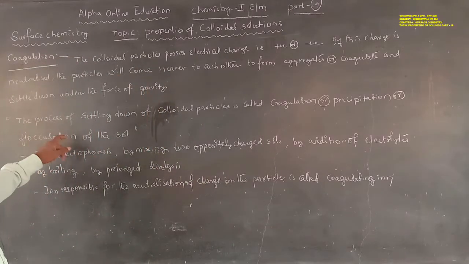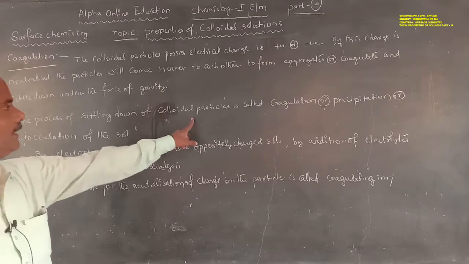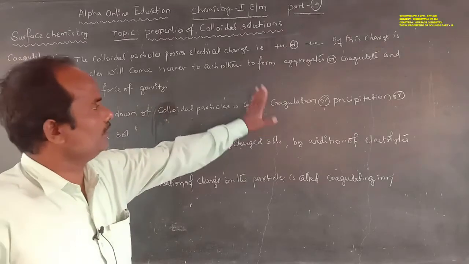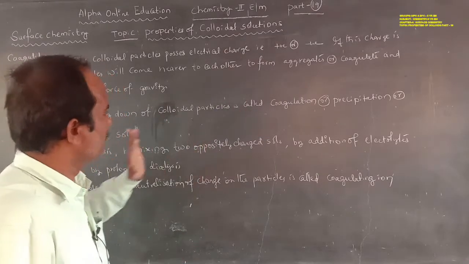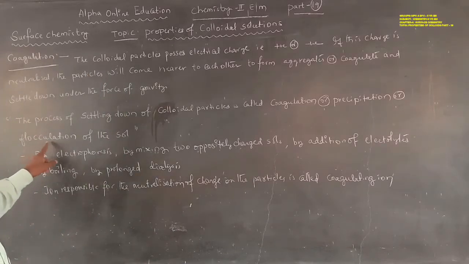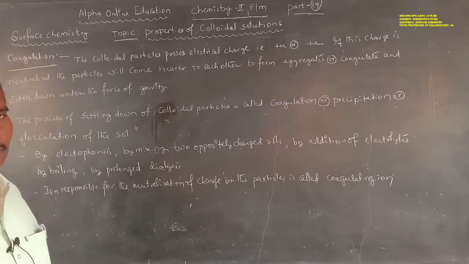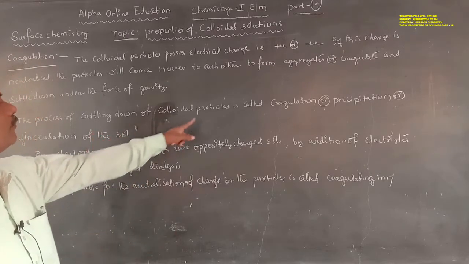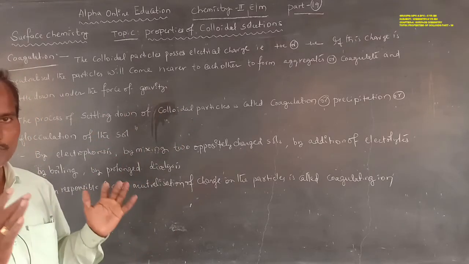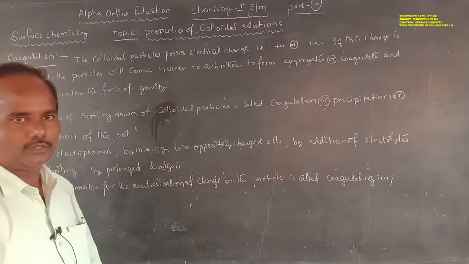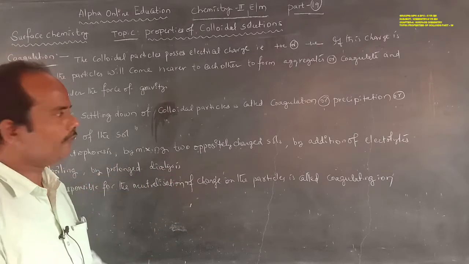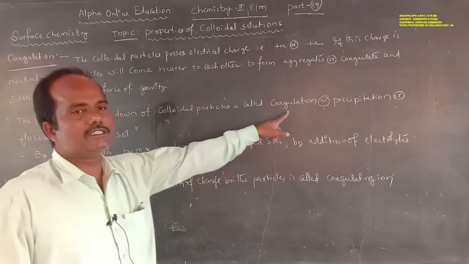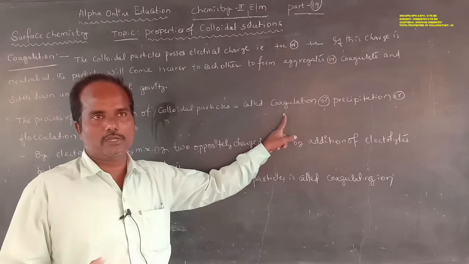Let's see the definition of coagulation. The process of settling down of colloidal particles is called coagulation, or precipitation, or flocculation of the sol.